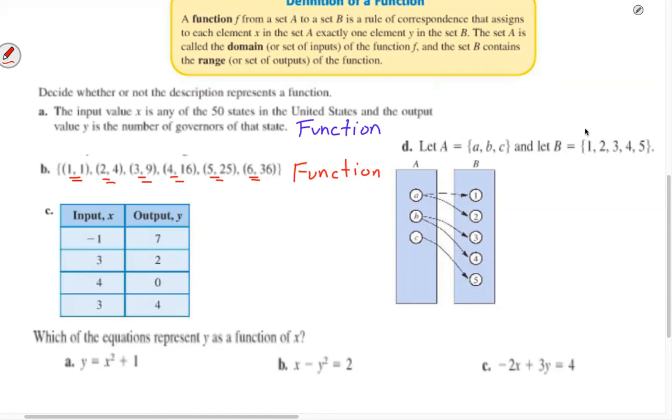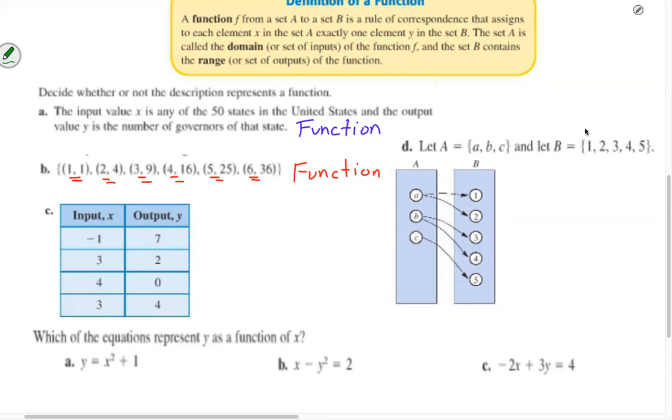Miss Simpkins, I want you to look at C. What do you notice about the inputs of C? It goes up by twos.